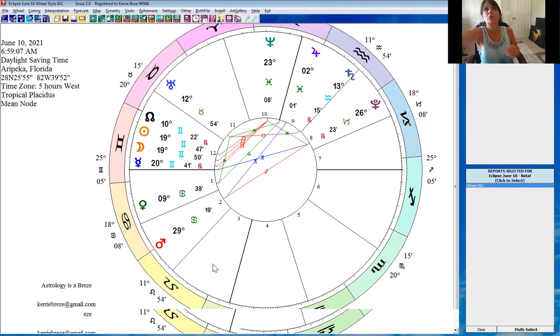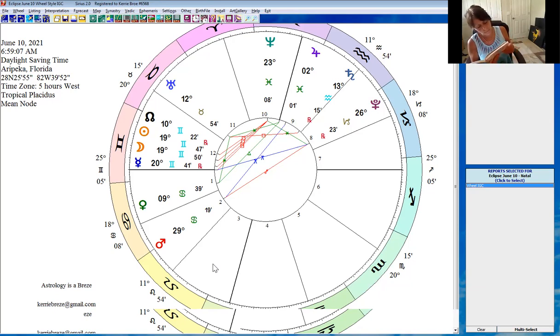This will be interesting. Let's predict this. When is Mars going to be at 15 degrees Leo? Let's look it up. Mars is zipping along.